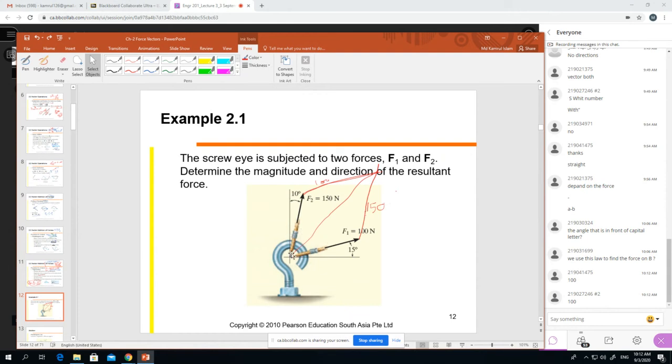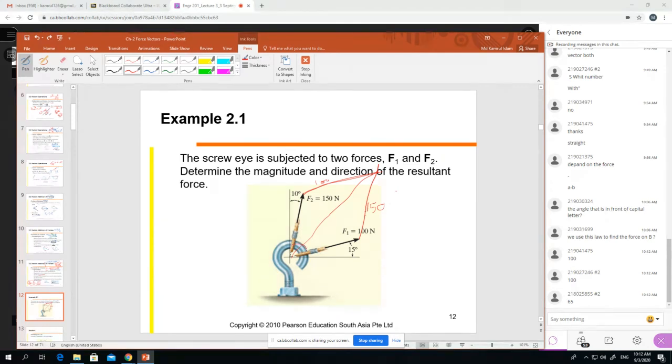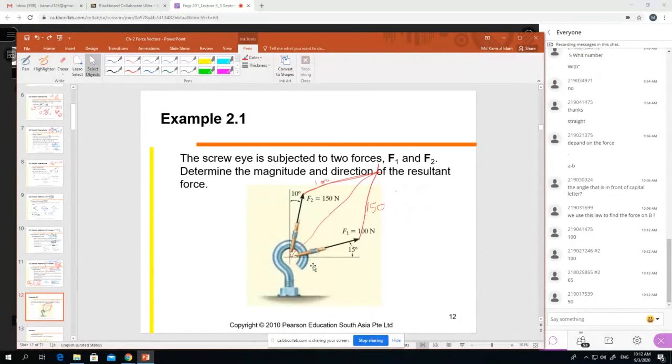Can someone tell me what is the angle between the F1 force and the F2 force? What is this angle? Someone says 65. Fine. How is it 65? This one is 90 degree, right? Yes, the answer is correct, but I want to explain in more detail so that every student can understand.